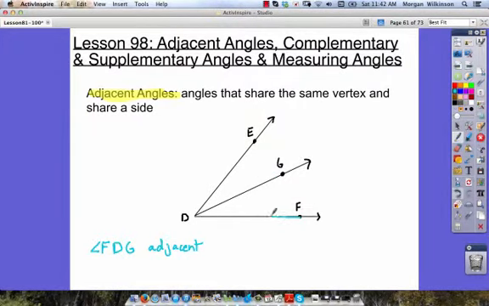So F to D to G is going to be adjacent to E to D to G, because angles that share the same vertex and share the same side right here are adjacent angles. Let's look at what complementary angles are.